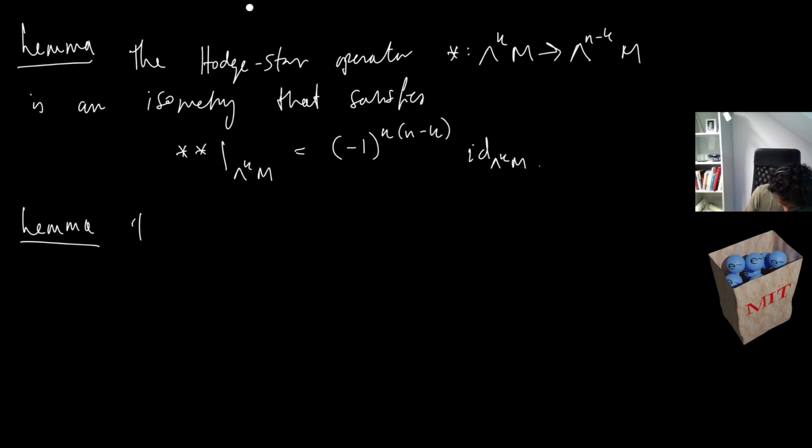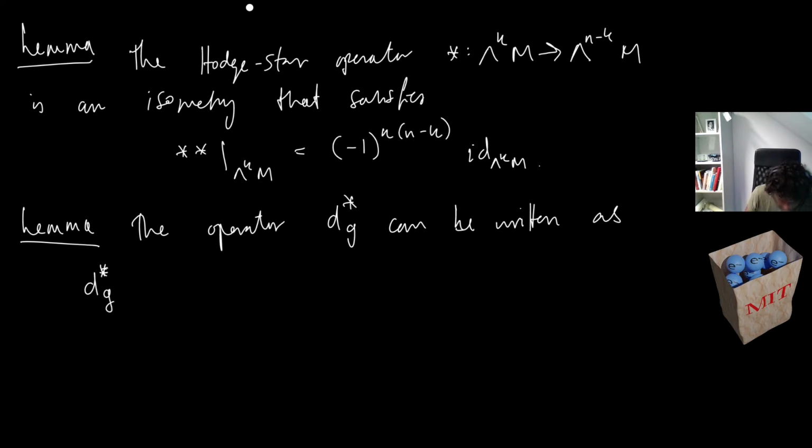So the operator d star g restricted to k-forms is equal to minus 1 to the n(k minus 1) plus 1, Hodge star d Hodge star, right?